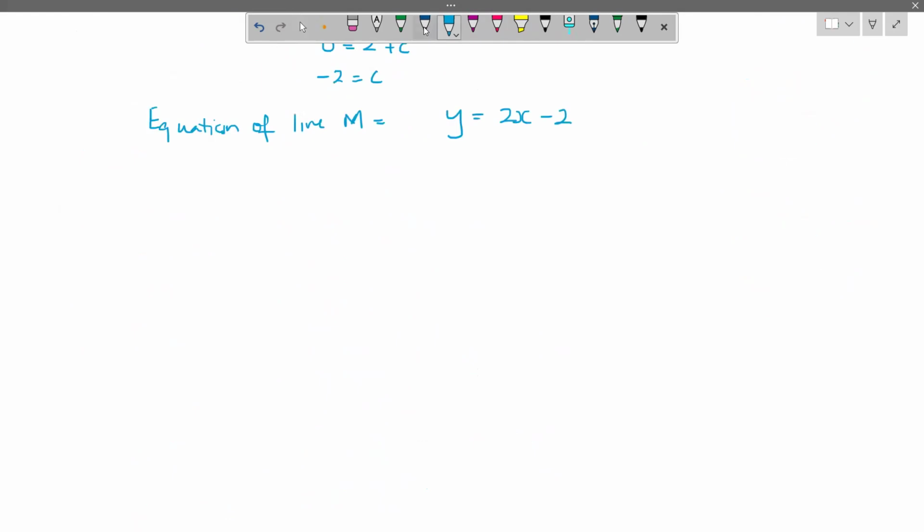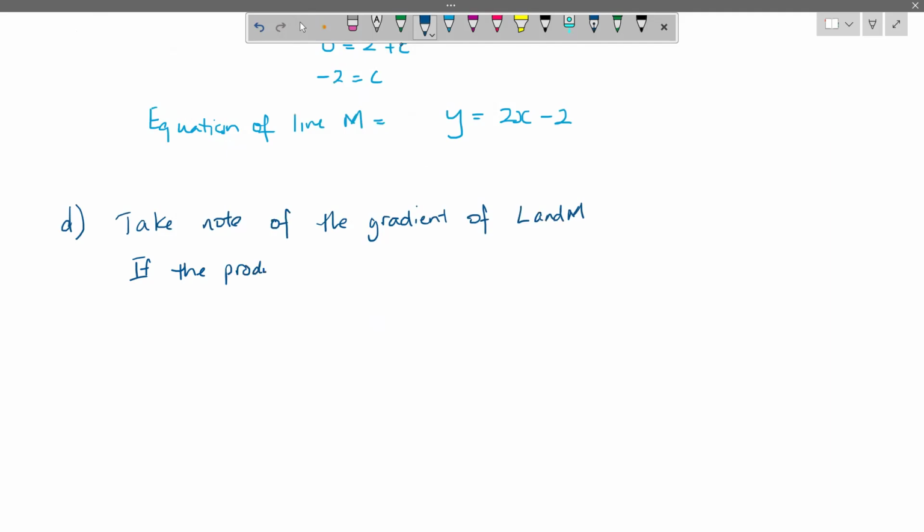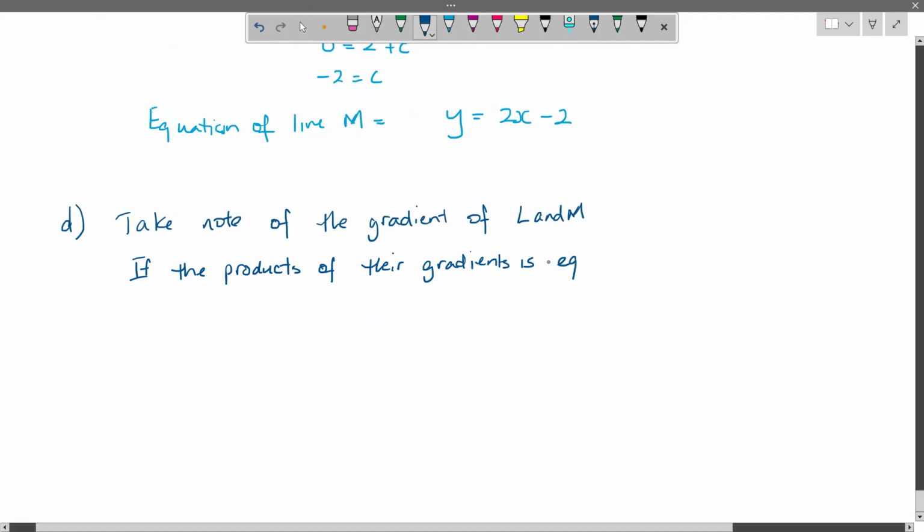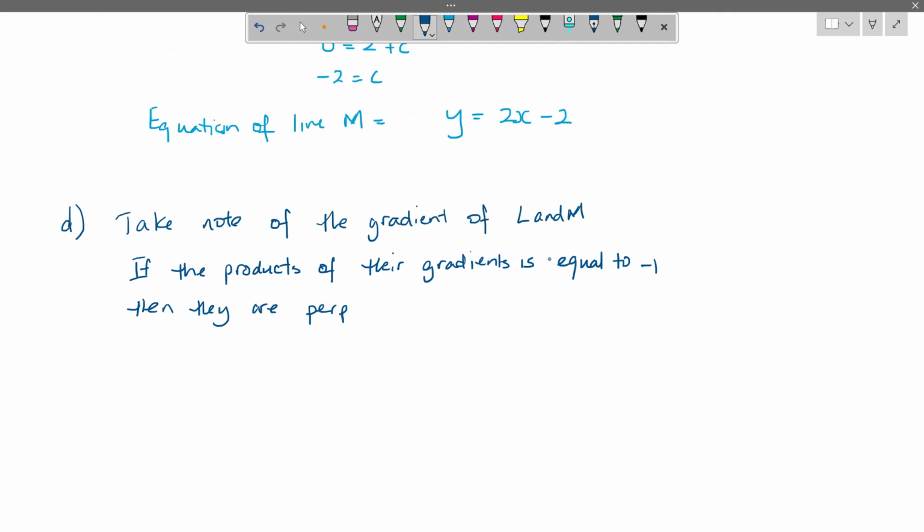So to do that, we need to take note of the gradient of L and M. If the product, meaning that if you multiply the two gradients, is equal to negative 1, then they are perpendicular.